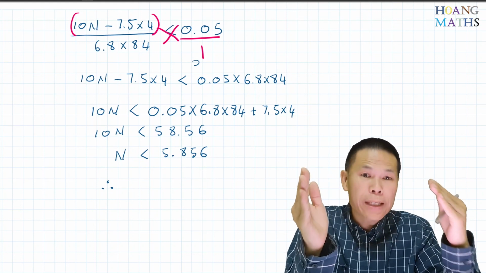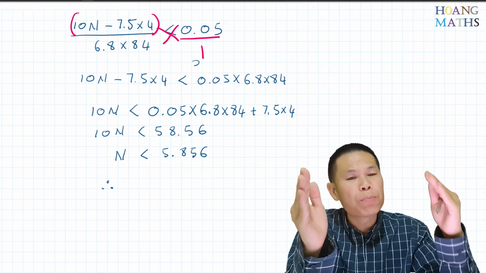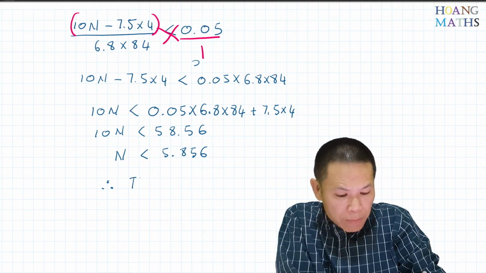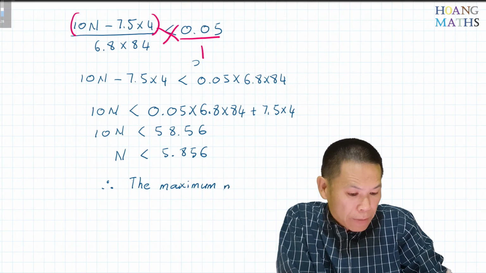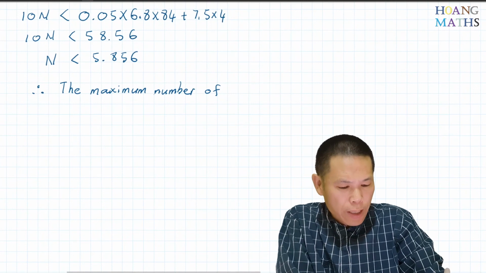But if he drinks 6 standard drinks, his blood alcohol content will be above 0.05. Okay, so therefore, I write this down: the maximum number of standard drinks.